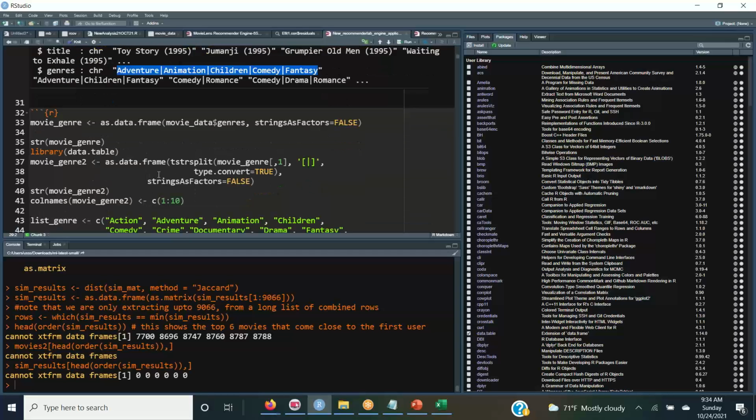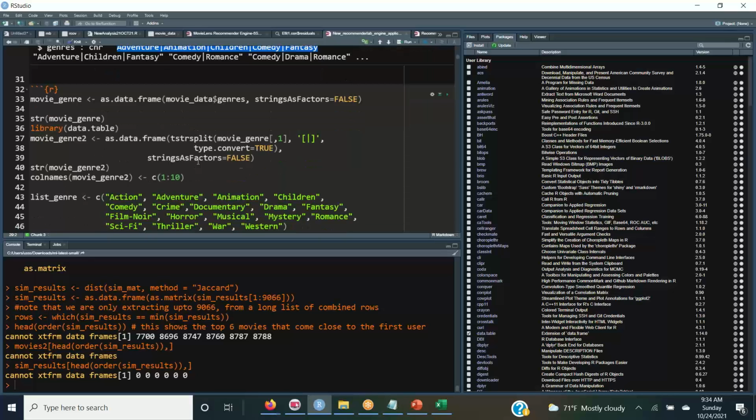I just translate the data into 0, 1 for each of these. That's what wrangling is, right? So I did that using this function, tstrsplit, string split from the data table. I get that, to split the data and so on. And then I convert it to a data frame.